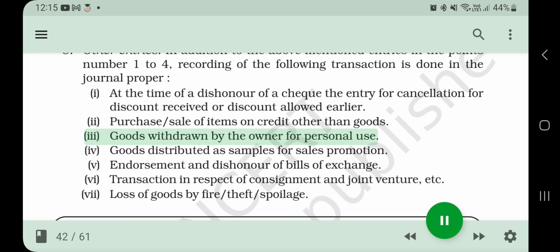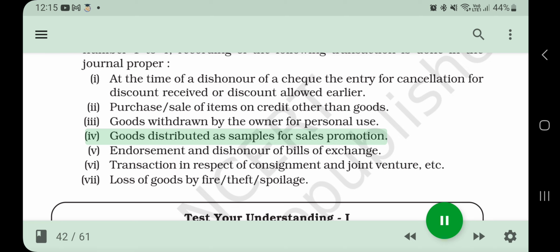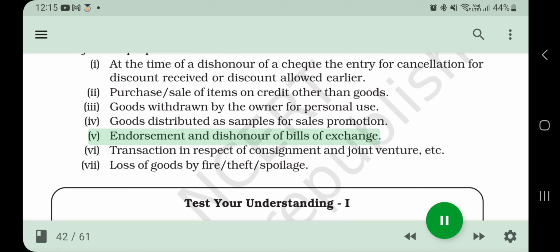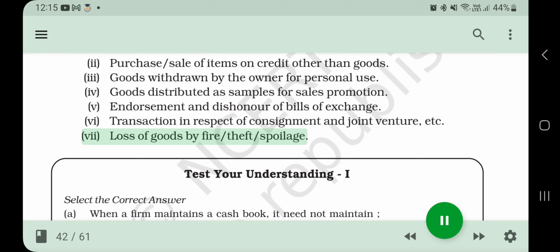Goods withdrawn by the owner for personal use. iv. Goods distributed as samples for sales promotion. v. Endorsement and dishonor of bills of exchange. vi. Transactions in respect of consignment and joint venture, etc. vii. Loss of goods by fire, theft, spoilage.